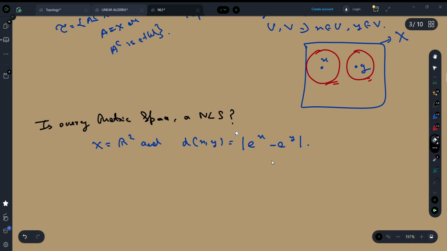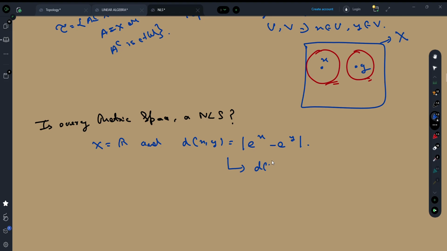I guess I can just use the fact of R as well. Right? Yeah. Okay. So this is a well-defined metric, right? Because it's an absolute value function, so it's always non-negative.